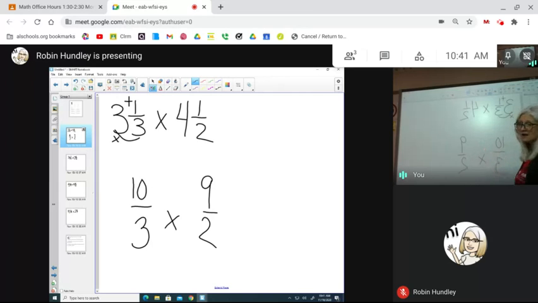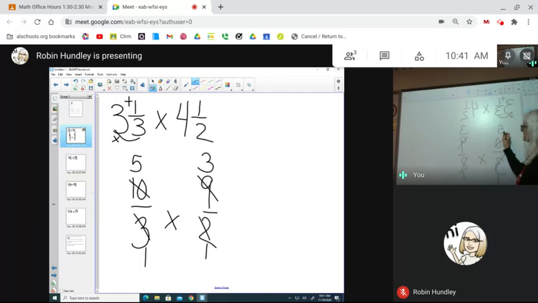Before I multiply these numerators together, I'm going to do my canceling trick so that I can simplify within the problem. Looking diagonally, I can see 10 and 2 are both divisible by 2. 2 divided by 2 is 1. 10 divided by 2 is 5. 3 and 9 are both divisible by 3. 3 divided by 3 is 1, and 9 divided by 3 is 3.